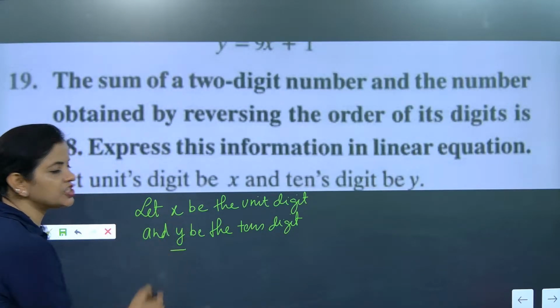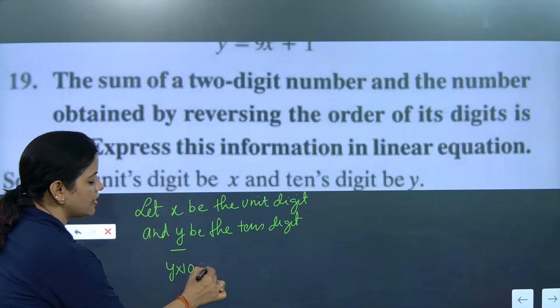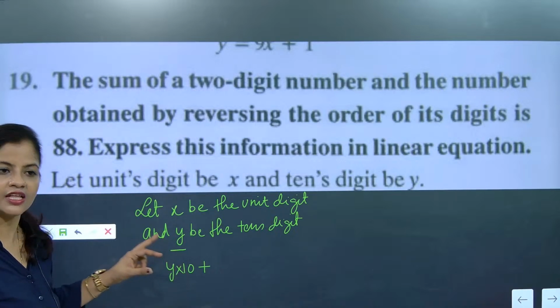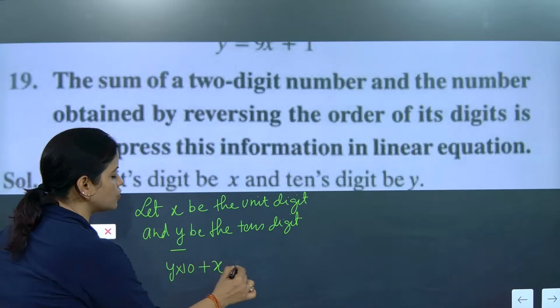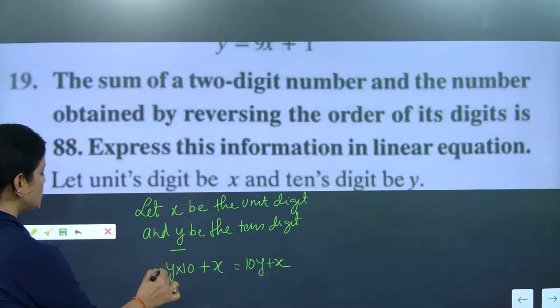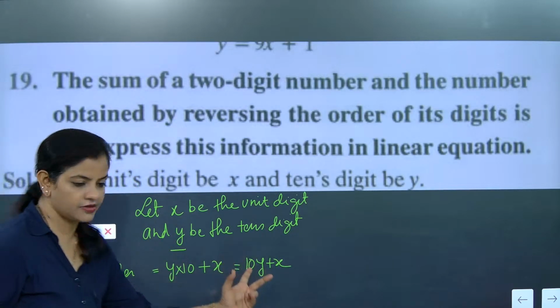Y is in which position? Tens position. So y will multiply with 10. Y is in tens position, so y will multiply with 10, and x is in unit position. What is our number? 10y plus x. But they are telling reversing the digits.